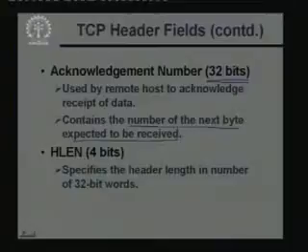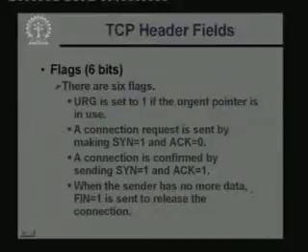Then just like the IP protocol, we have a 4-bit header length field. This also specifies the header length in terms of 32-bit words. Flags: there are 6 flags and their purposes are various, but I am not going to detail them. I am just mentioning some of the typical uses of these flags.